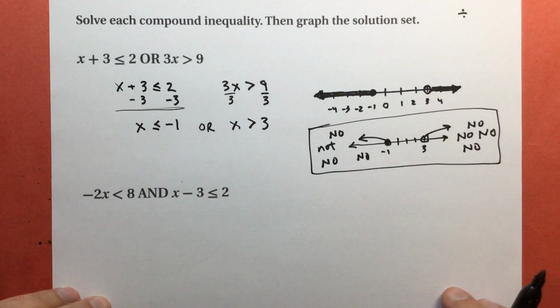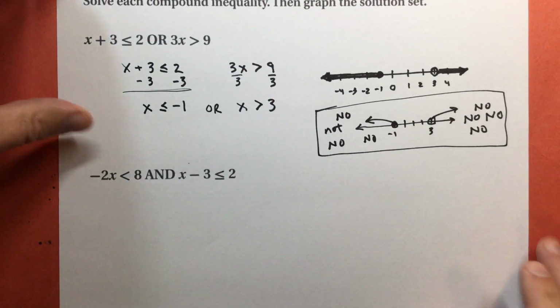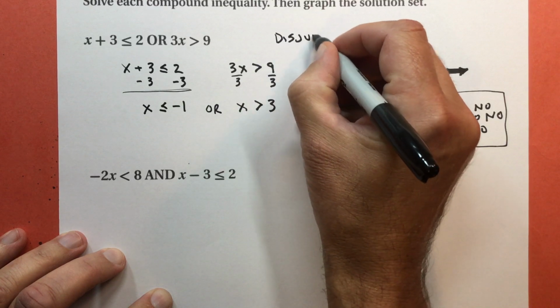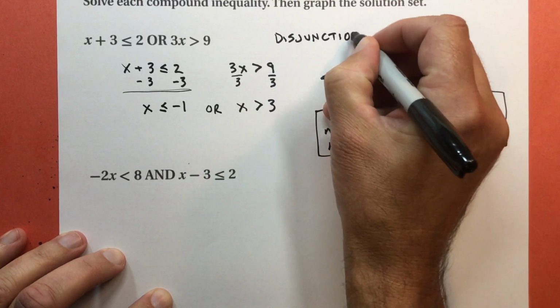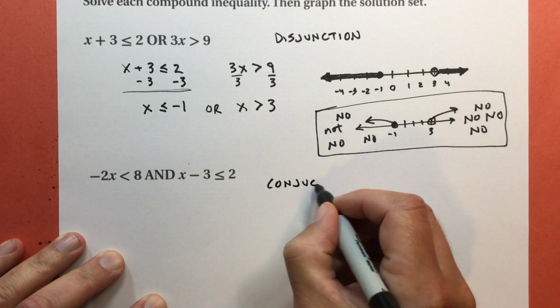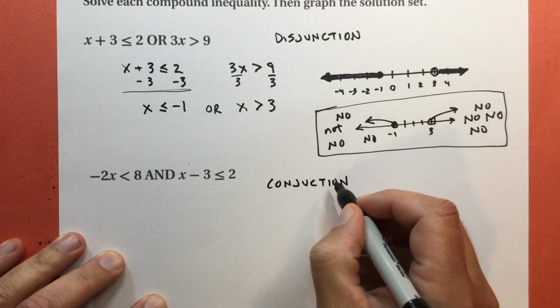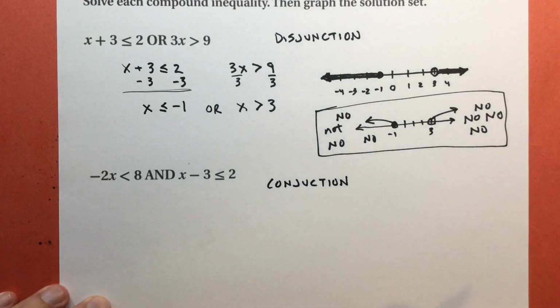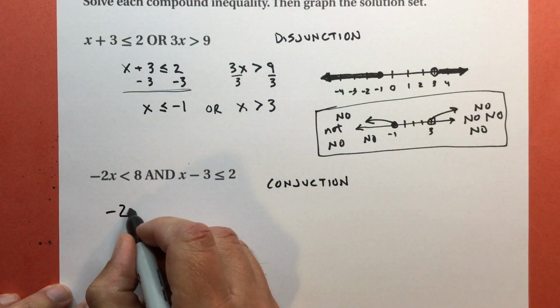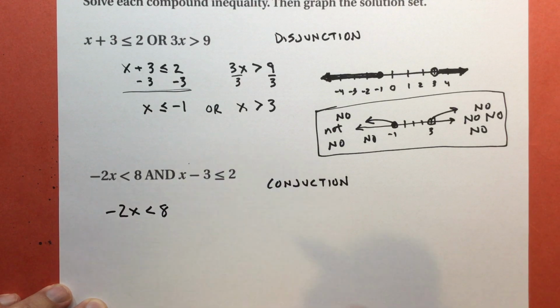All right, now let's switch it up. Let's do the other one with the and. By the way, this was a disjunction using the word or. This one is going to be a conjunction. And you're going to see why we call it disjunction and conjunction in just a moment when I draw the graph. So same thing, I'm going to do negative 2x is less than 8.